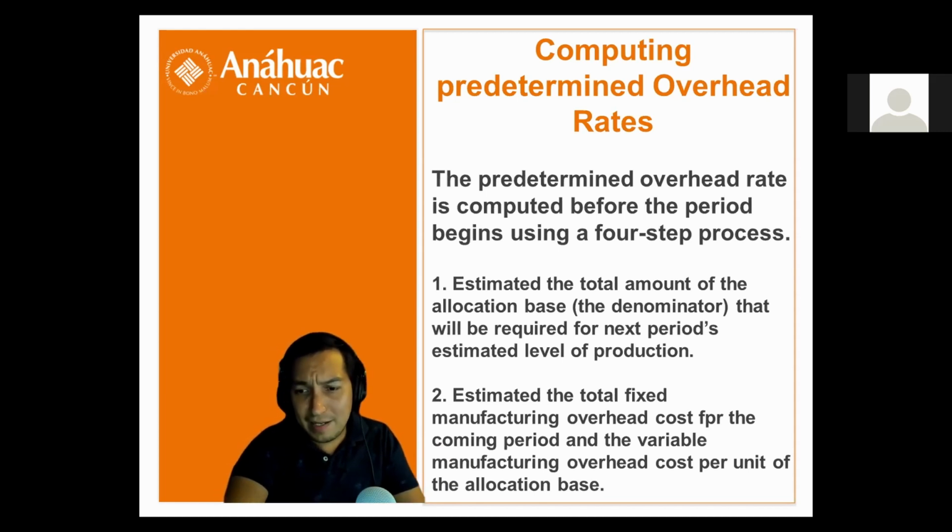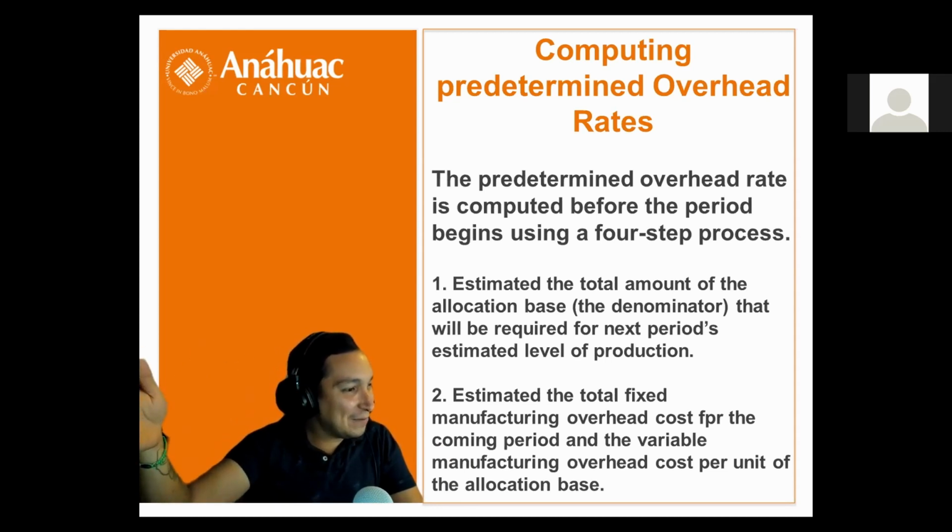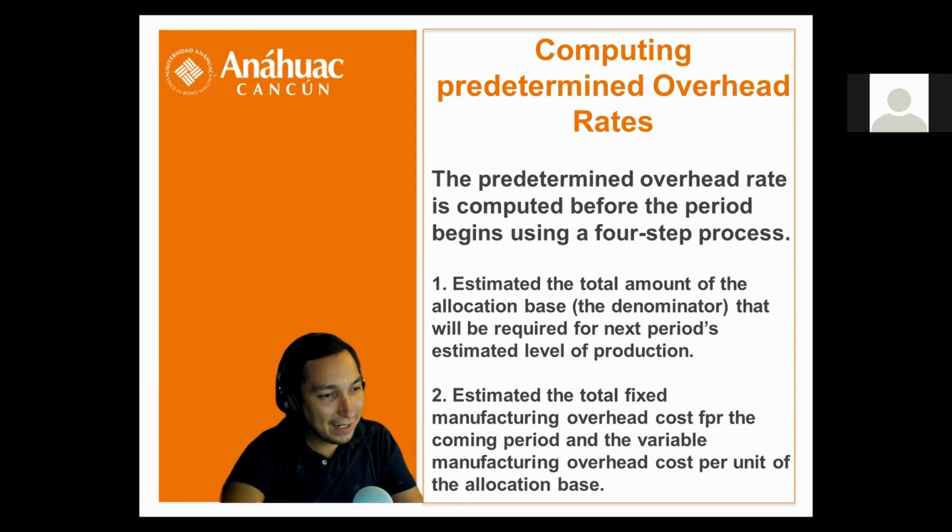But it's not as complicated as it needs to be. I would start by estimating the total amount of allocation base. Teacher, I'm sorry, I'm not quite getting the concept of allocation base. Let's wait. You always ask the correct questions, Andrea, but I have them ready for you.